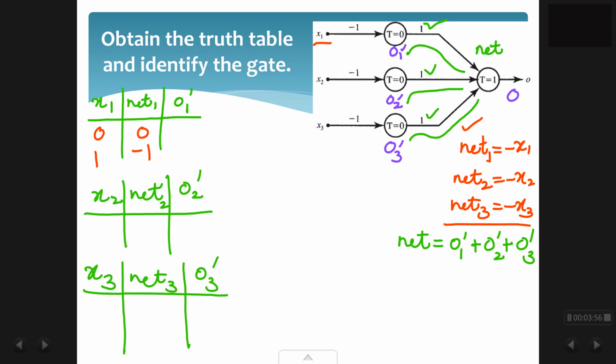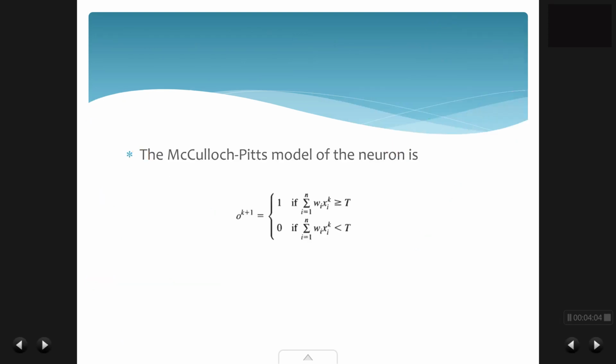Now we have to look at the output. Now what is the output? Output O1 dash. Now this is the McCulloch-Pitts neuron, and for the McCulloch-Pitts neuron model, this is the equation. So the output O1 will be 1 if at all net is greater than or equal to threshold.